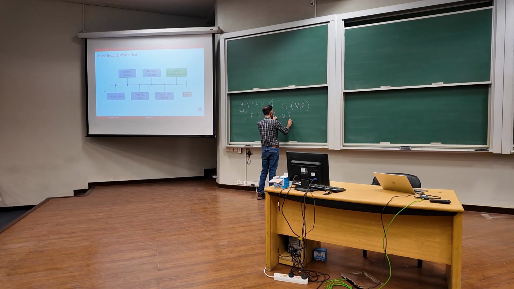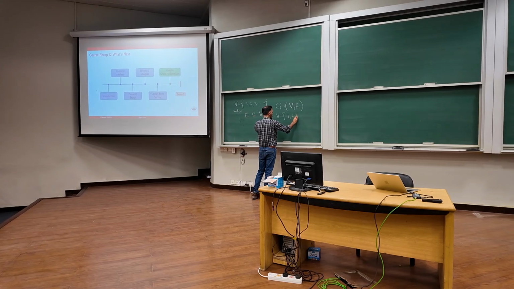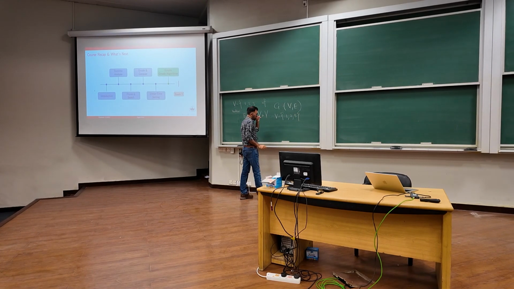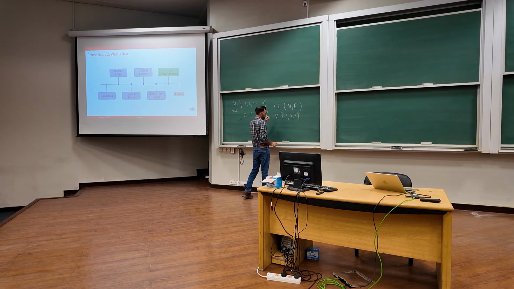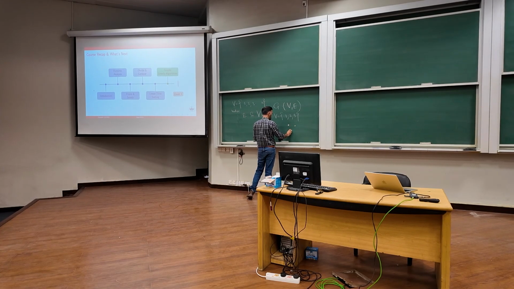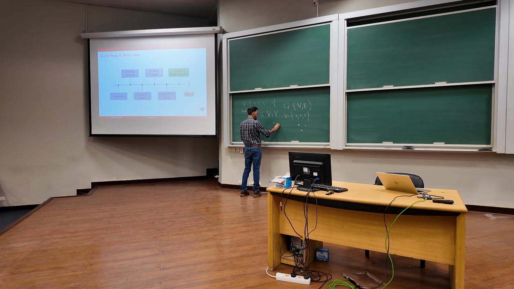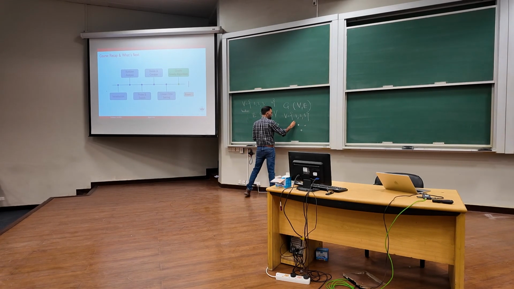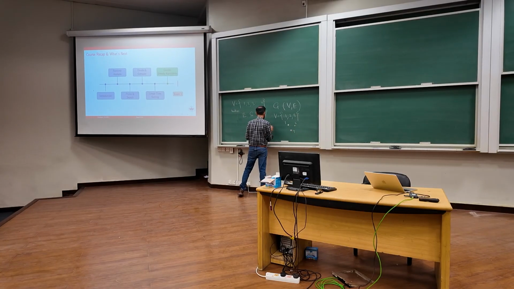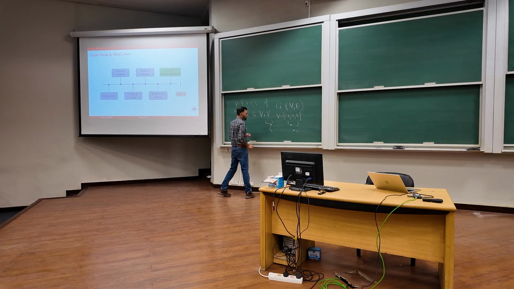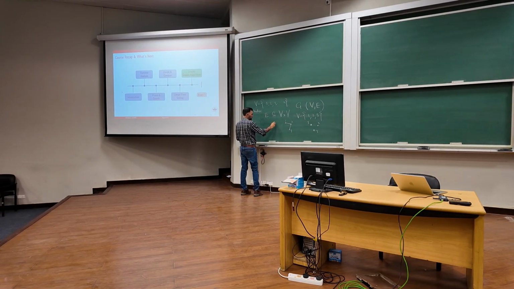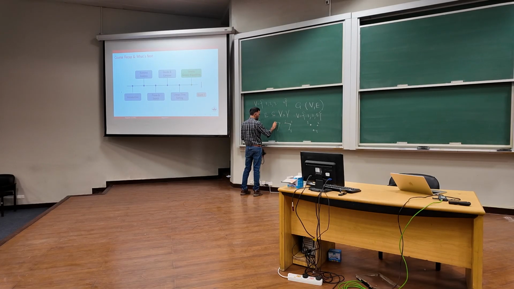An example is due. So here is a graph on 3 vertices. Here is another graph on 3 vertices. Same set of vertices. And here is another graph on the same set of vertices.